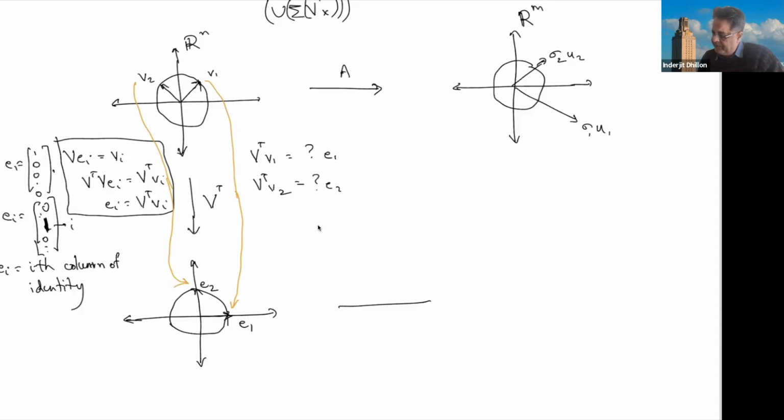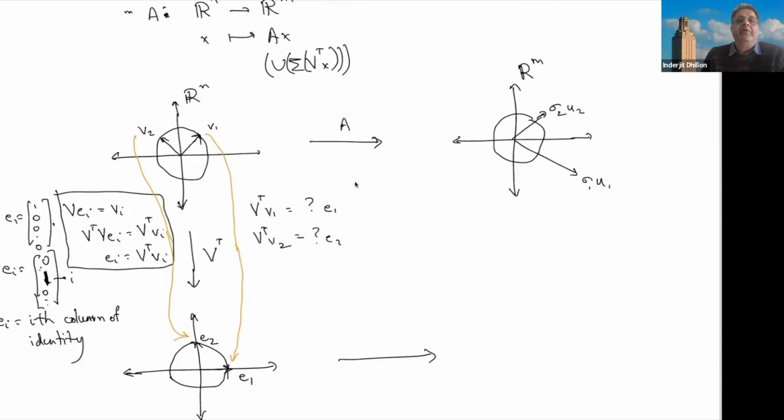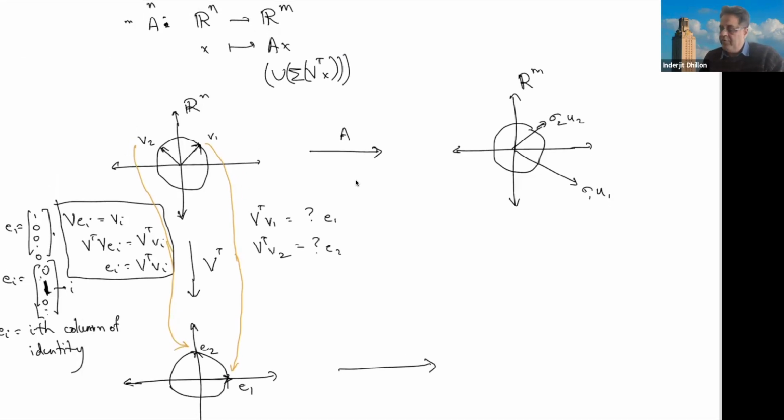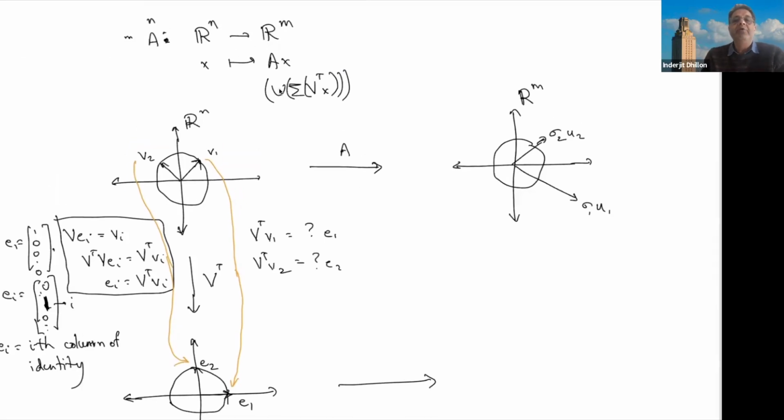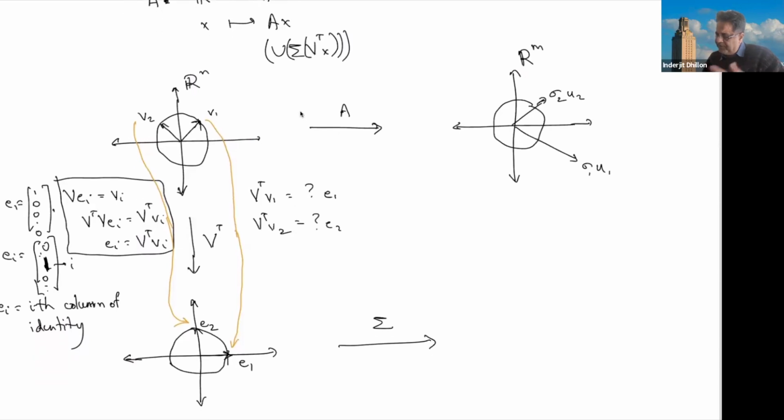The second part is, remember, U sigma V transpose. So the second part is sigma. Okay, so if I do sigma, well, what is sigma? It's just actually stretching each dimension. Okay, so E1 is going to be mapped onto sigma 1 E1.